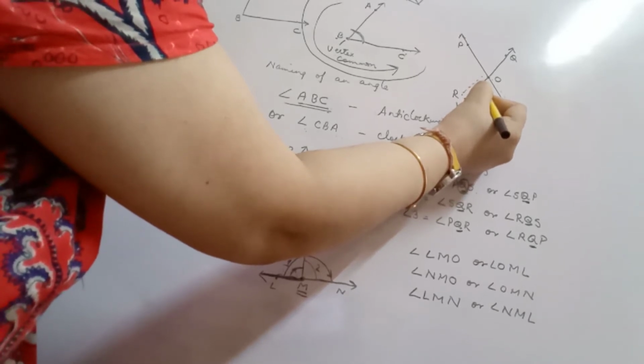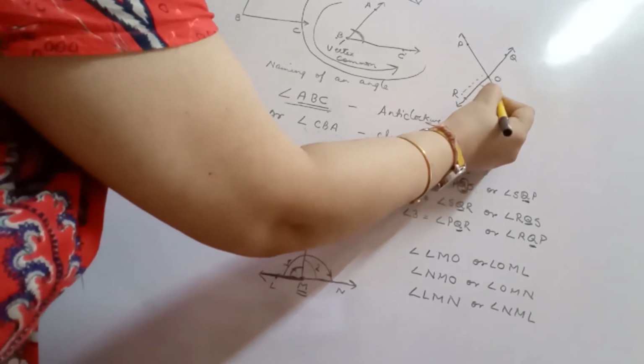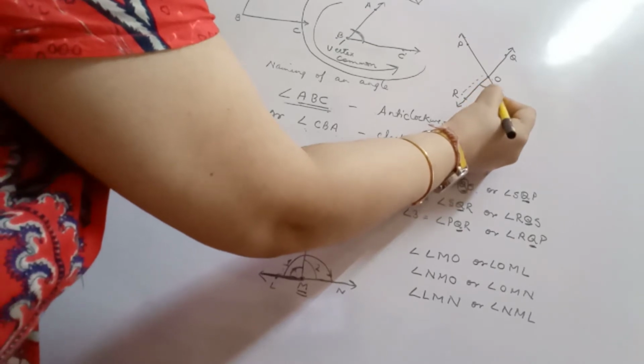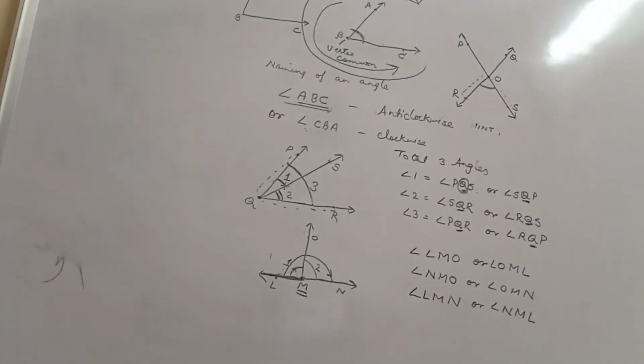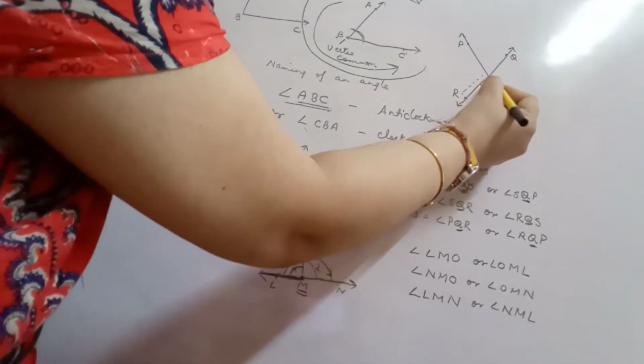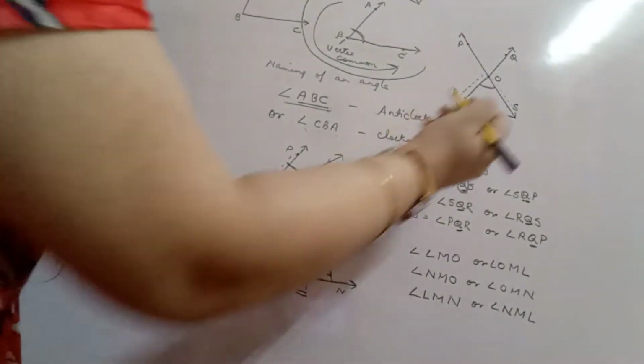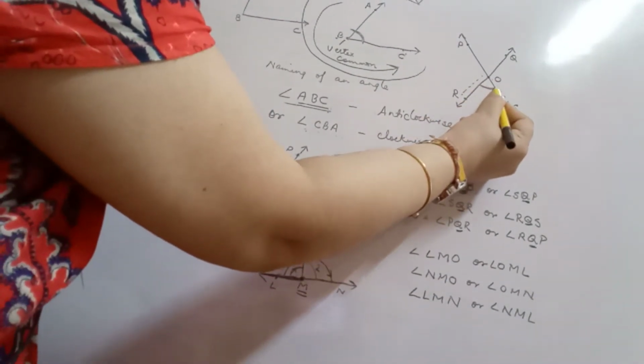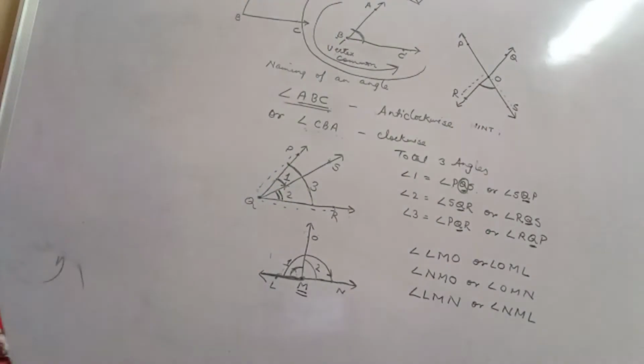See here, I am first marking the angle. So the first step is to mark the angle. After that you name it. So I have started with RO and going till OS, and I have marked the angle like this.